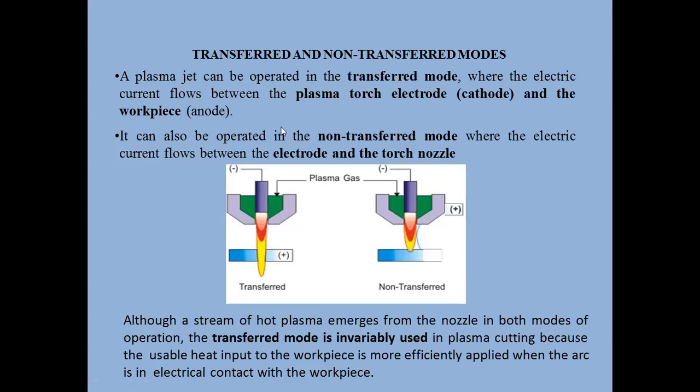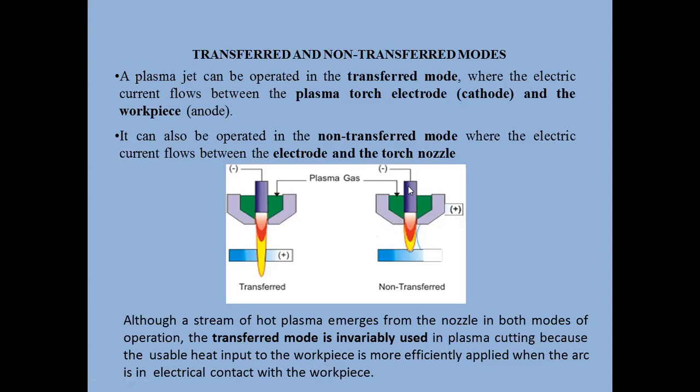The second one, it can also be operated in non-transfer mode where the electric current flows between the electrode and the nozzle. Here the nozzle is given positive and electrode is negative. So in both the cases, only the anode which we are considering for that circuit is changed.